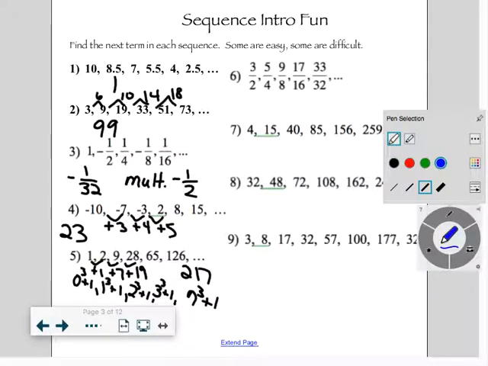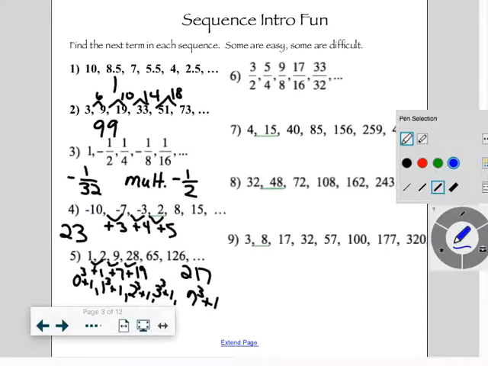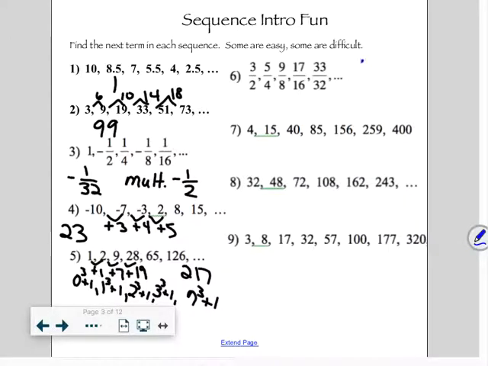All right, how about number 6? Anybody feel confident? Yeah, Lilia? 65 over 64. So down in the bottom, do you notice you are multiplying by 2? You can also think of it as 2 to the first, 2 to the second, 2 to the third.